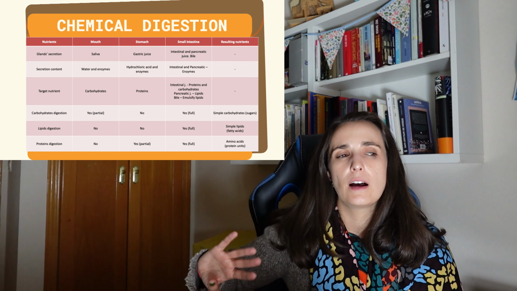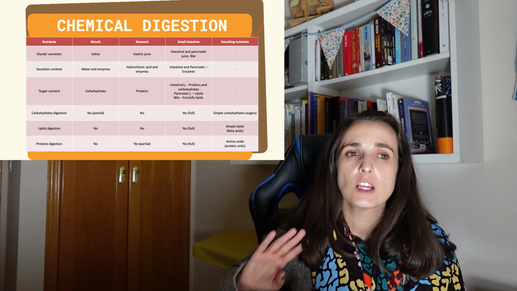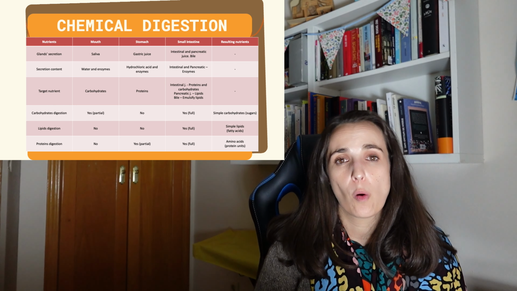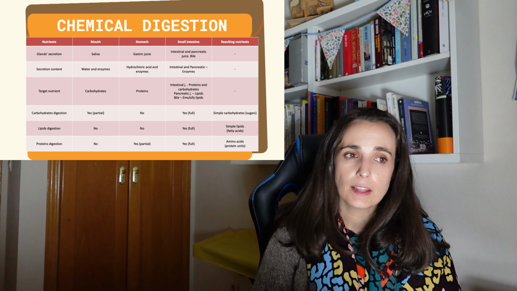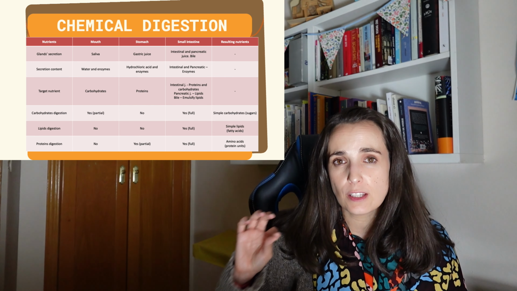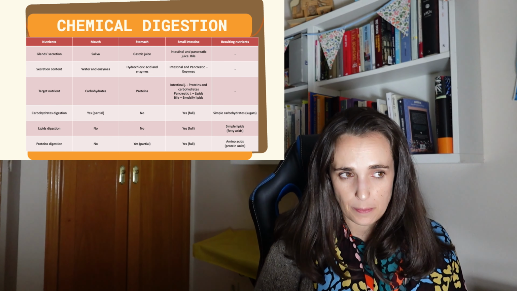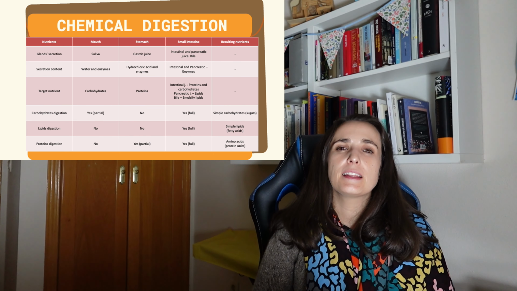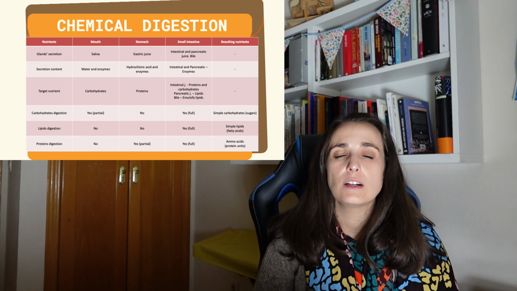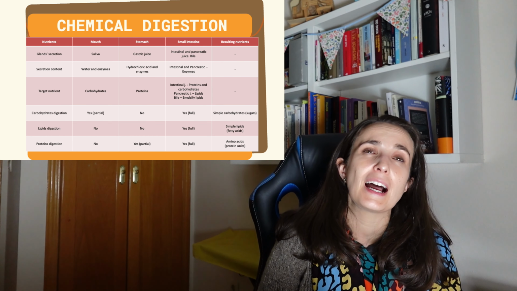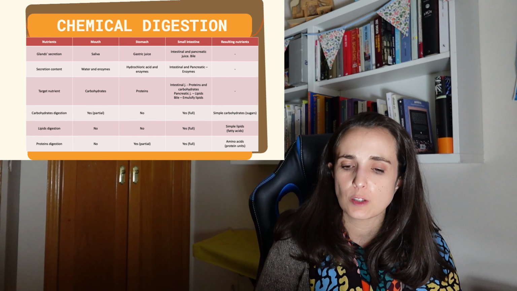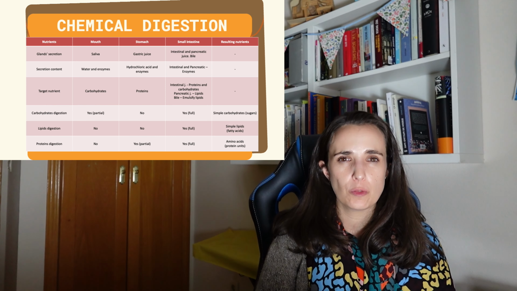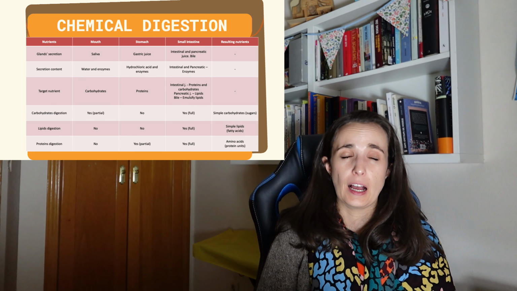What do these substances have? So the saliva is made of water and enzymes that will digest specifically the carbohydrates, okay? The gastric juice will have enzymes that work in an acid environment, specifically in the environment of hydrochloric acid.